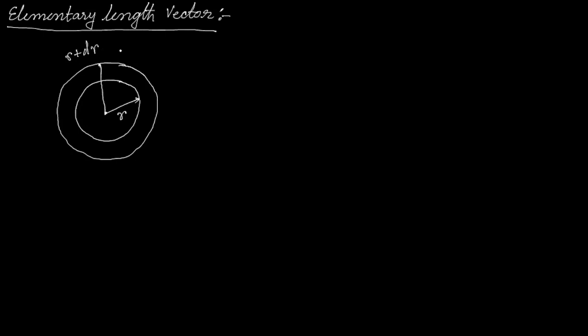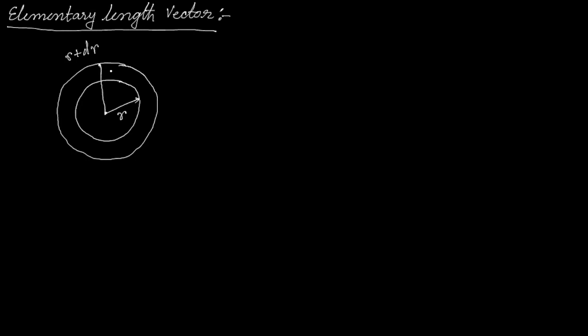Let's imagine a situation like that. This universe is a plane, and we want to represent this universe by this 2D polar coordinate system. So in this case, the value of r will be 0 to infinity.